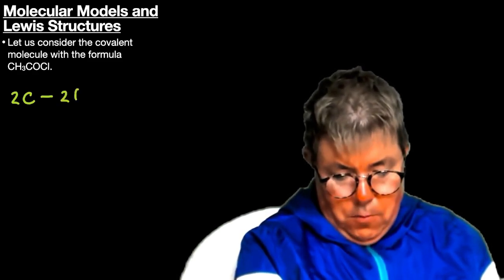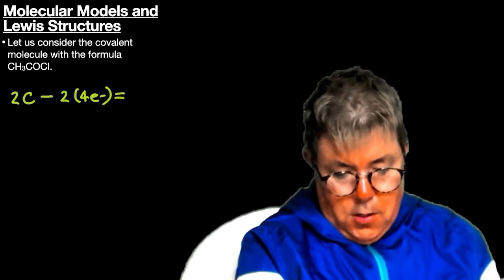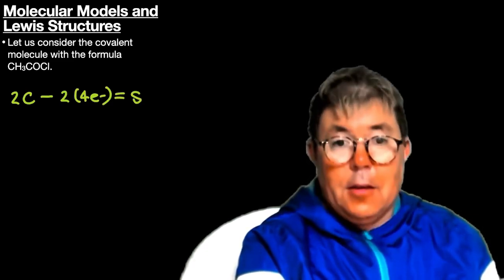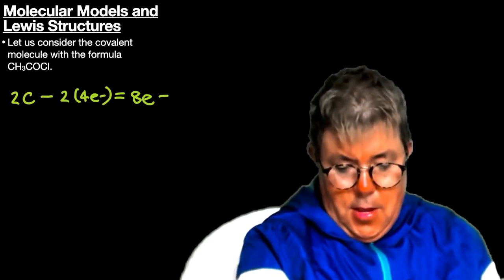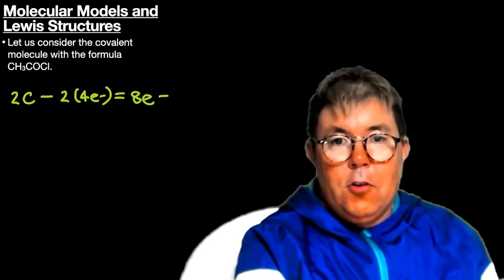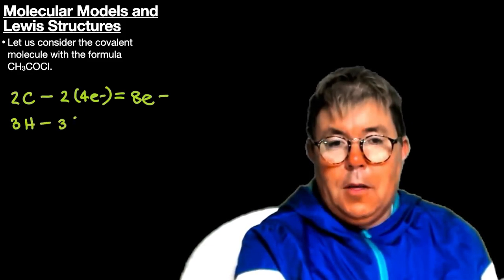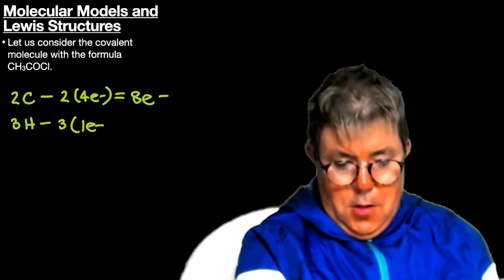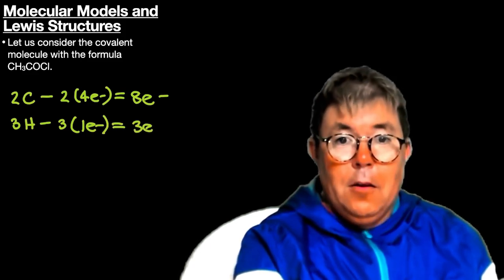So 2 times 4 e-gives us a total of 8 e-. Next we have hydrogen. We have 3 H, 3 times 1 e- is going to give us 3 e-.